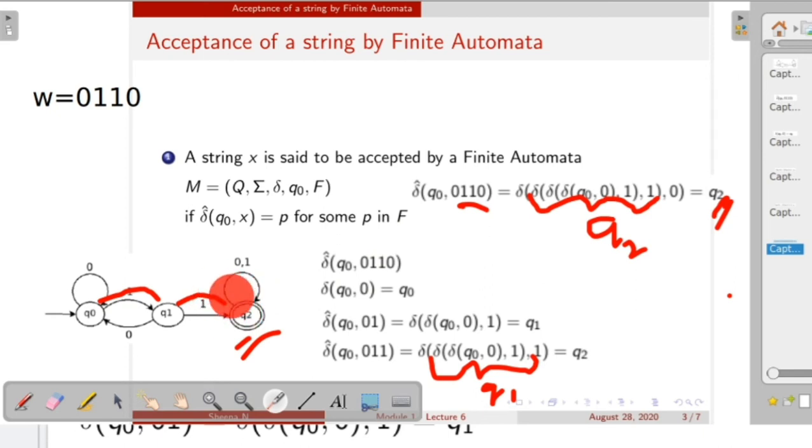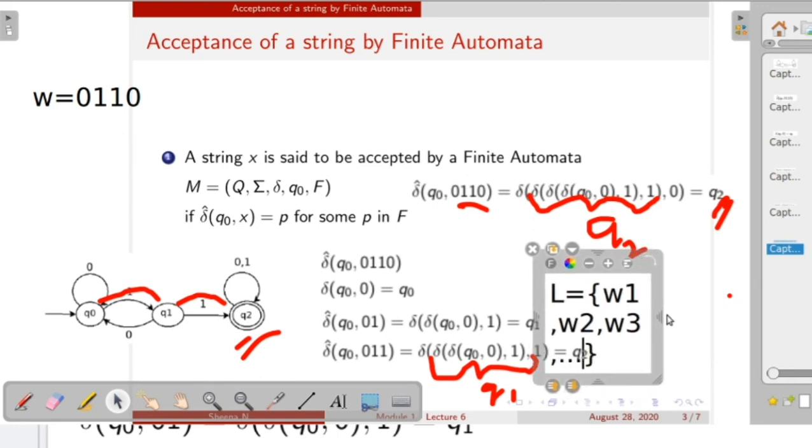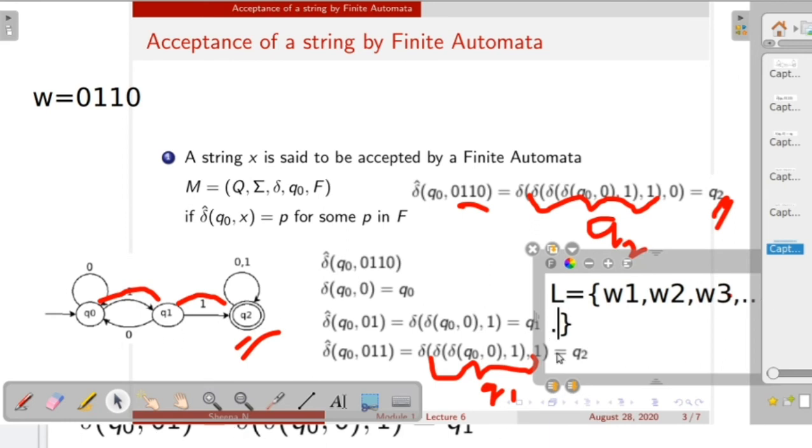Like that, we can find a number of strings accepted by this automata. When you write those strings as L is equal to the set w1, w2, w3, etc., then this is the language of this automata, the set of all strings accepted by this finite automata.